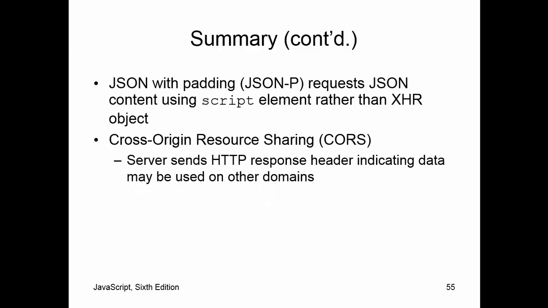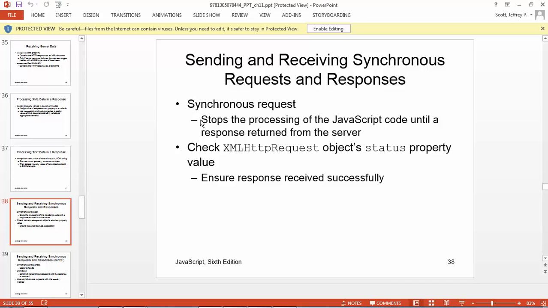Then use that in conjunction with either JavaScript object notation with padding, which requests JSON using the script element, or cross-origin resource sharing, typically referred to as CORS, where the server sends the HTTP response header indicating data that may be used in other domains. And that's it for this chapter.